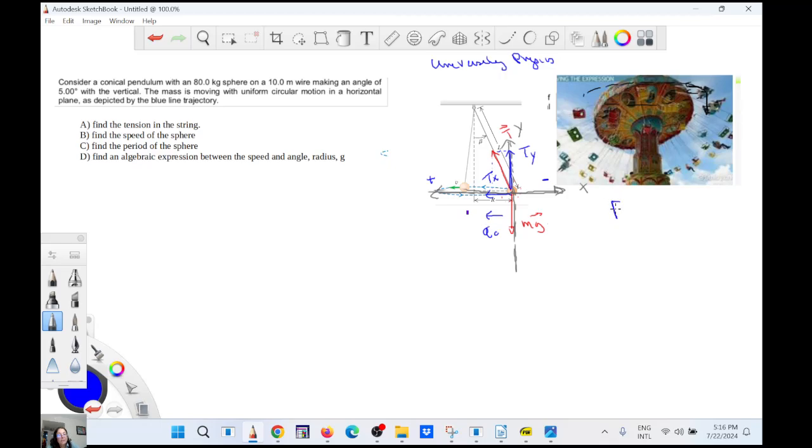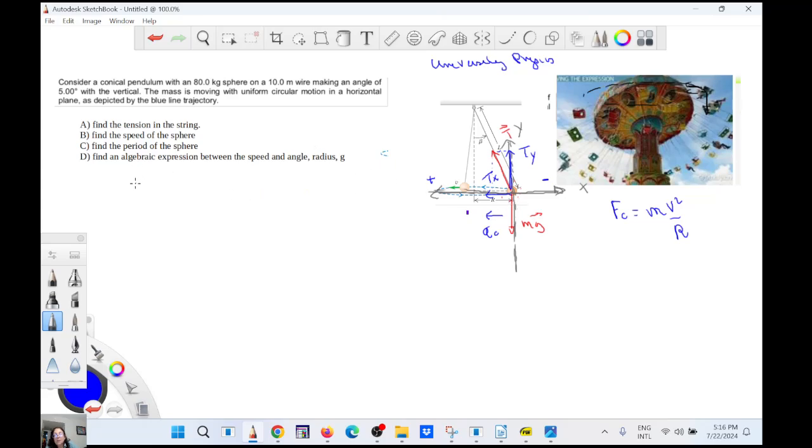So the centripetal force is provided by the x component of the tension, and it equals mv squared over r. This is the scalar, the magnitude.